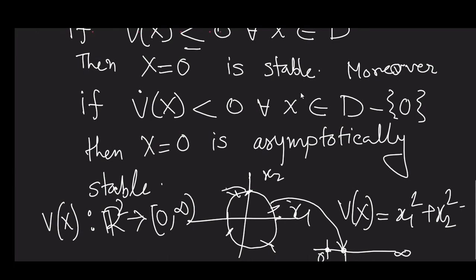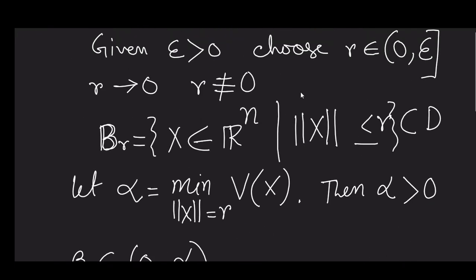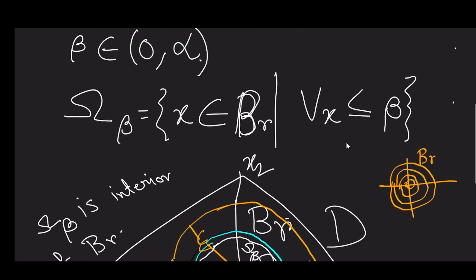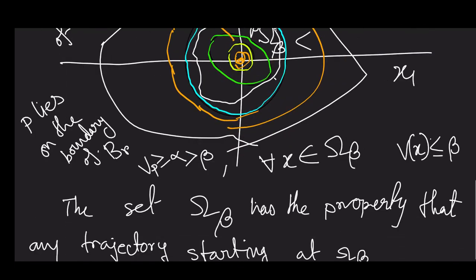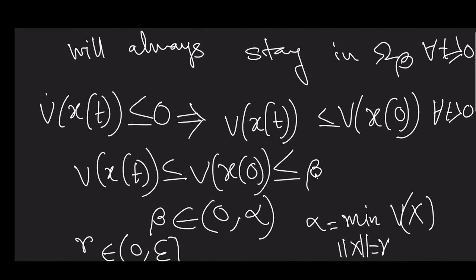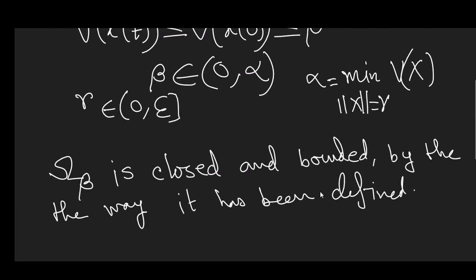So it is clear that we may not be able to find the explicit value of beta by doing such an inversion of V. But obviously it will give you some idea that it cannot go beyond that region.